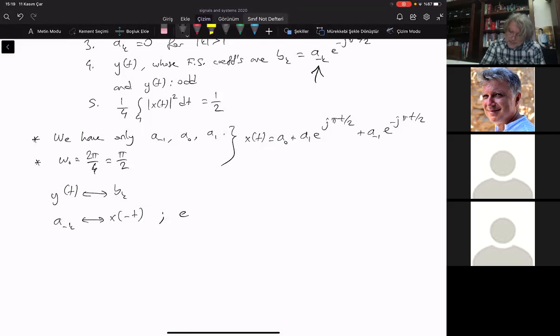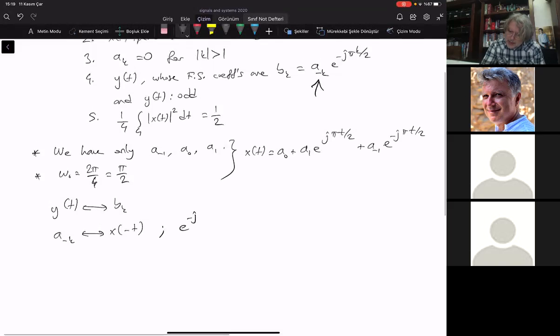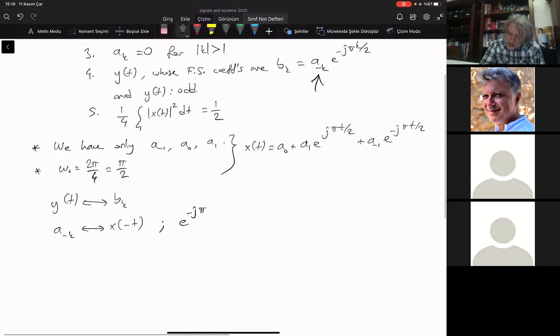E to the minus j pi k over 2 is, by the way, also equal to e to the minus jk omega 0, because omega 0 is pi over 2. So here I can see that there is a scaling of minus 1.